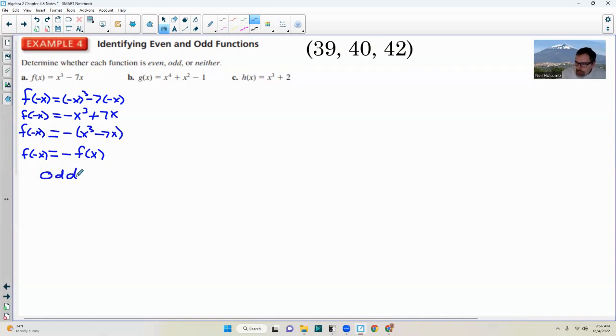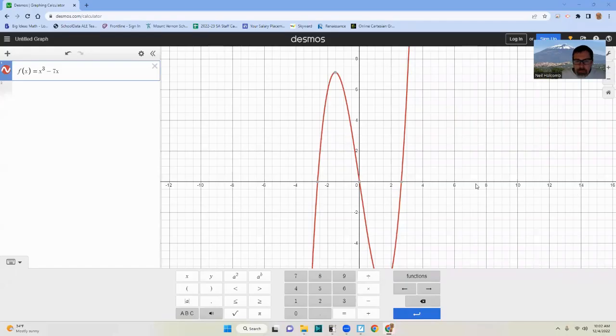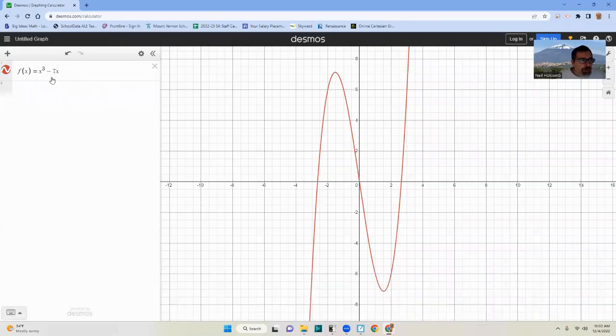Okay, so I'm going to stop right there and show you the graph of this. Here's the function f of x equals x cubed minus 7x in Desmos. And if I find the relative maximum, it is this point, negative 1.5 comma 7 approximately.